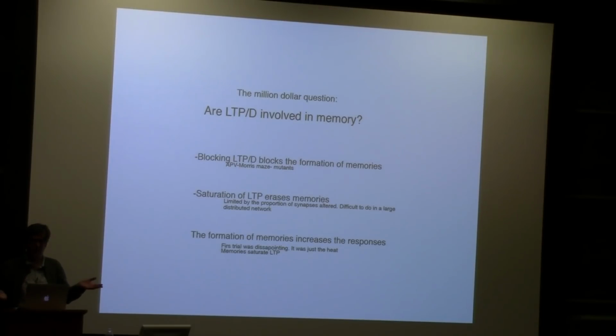And this is done in the Morris maze. You're probably familiar with the Morris maze. Anybody know it? No? Okay, the Morris maze is kind of cool, actually. It's a round tank with water, and there's a submerged platform in there.